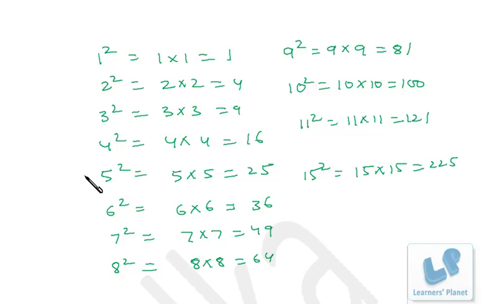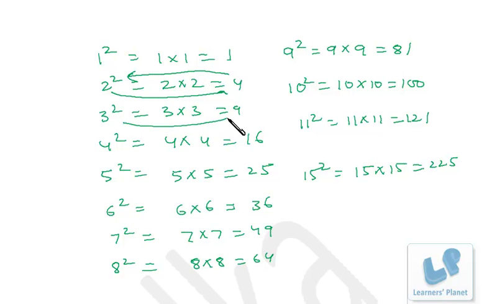Now one important thing over here: 2 square is 4, right? Just listen to me carefully. 2 square is 4. That means the square root of 4 is 2.